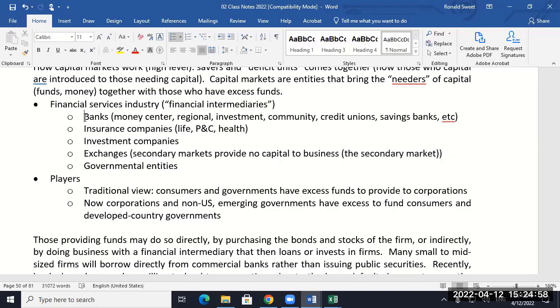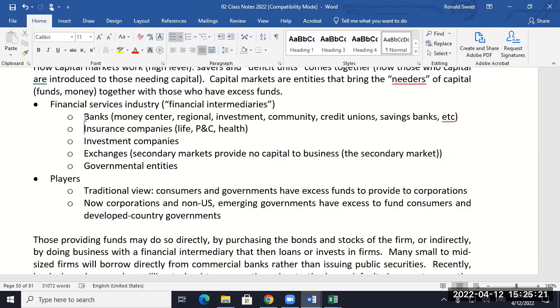What is a bank? There could be money center banks, regional banks, investment banks that don't really exist anymore, community banks, credit unions, savings banks, all these different types of entities. Insurance companies, they're in capital markets. Life insurance companies, property and casualty, health insurance, they provide a tremendous amount of money.